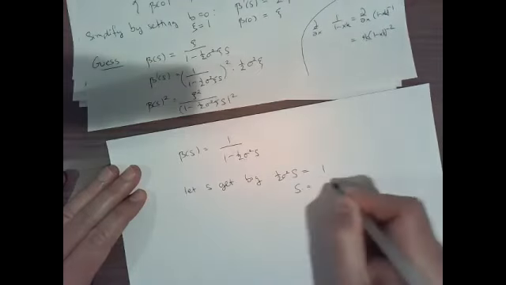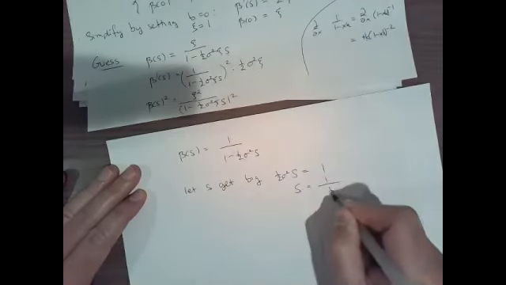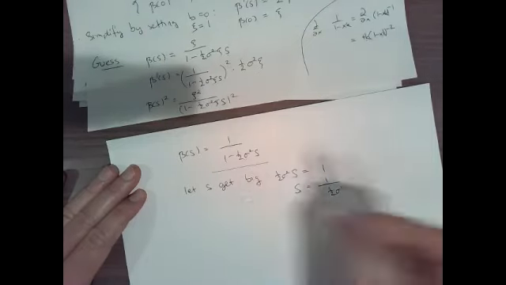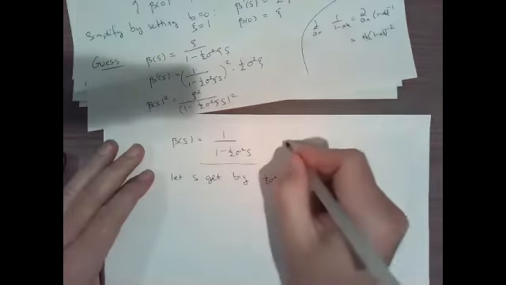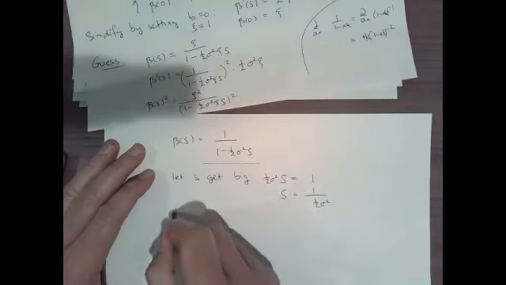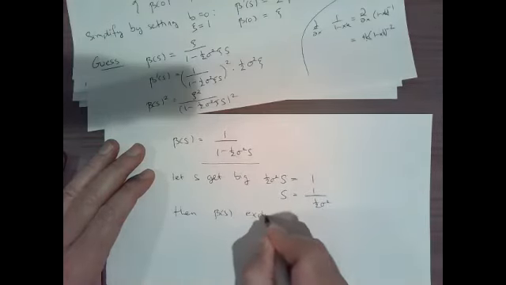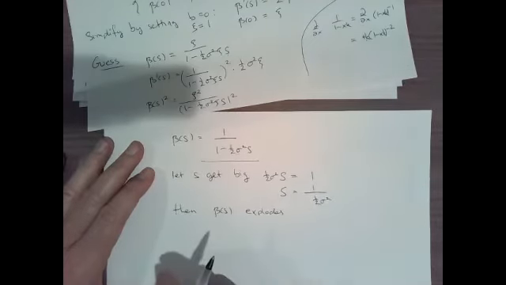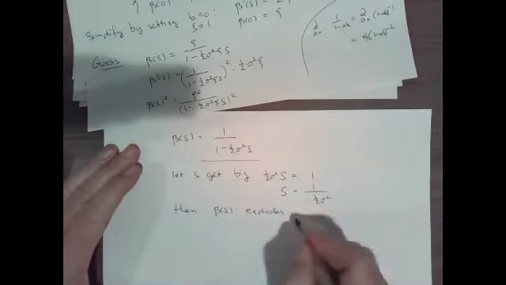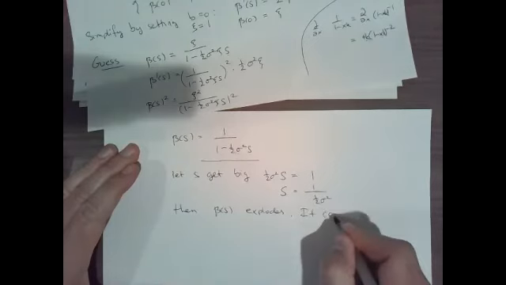So what happens when s is equal to 1 divided by 1/2 sigma squared? What happens to this guy up here? It gets close to infinity. Yeah, it explodes. Then beta of s explodes.